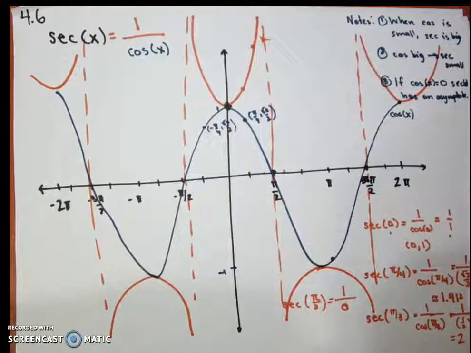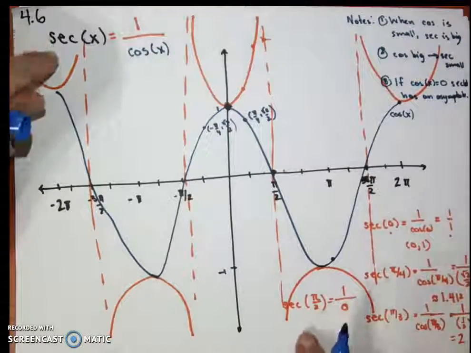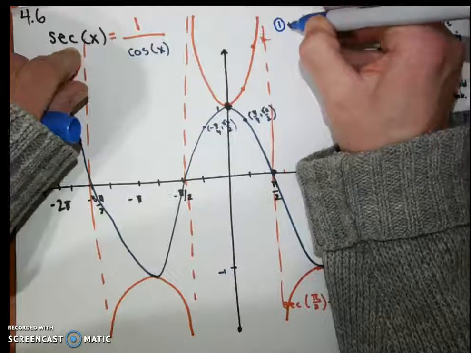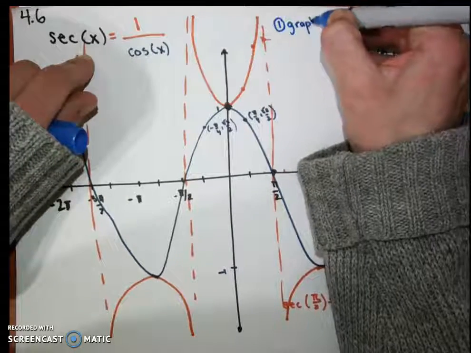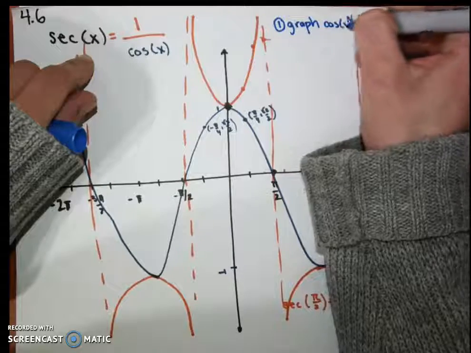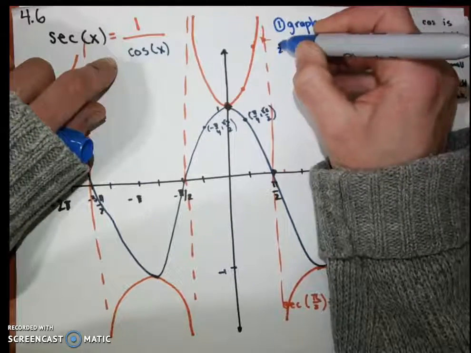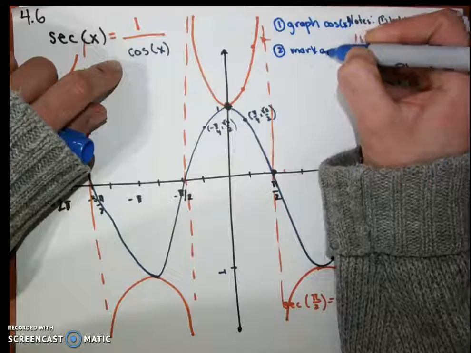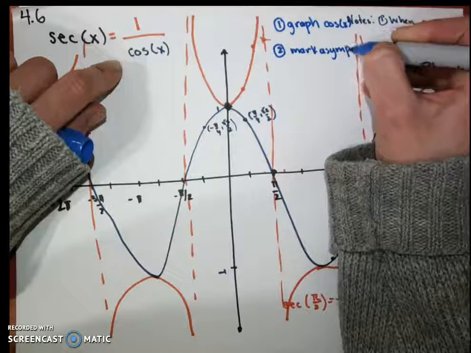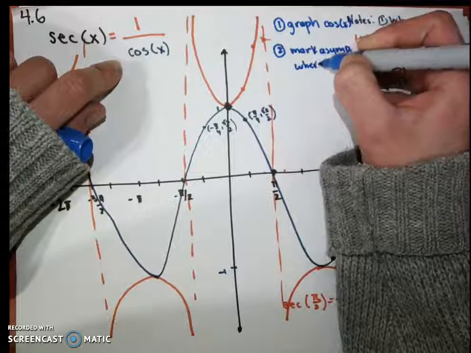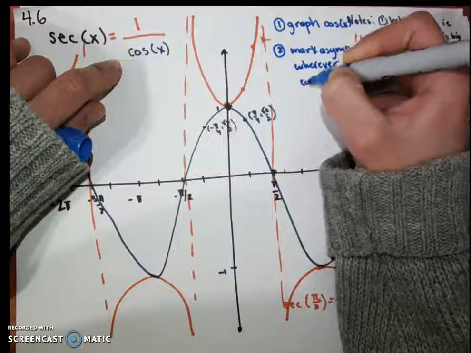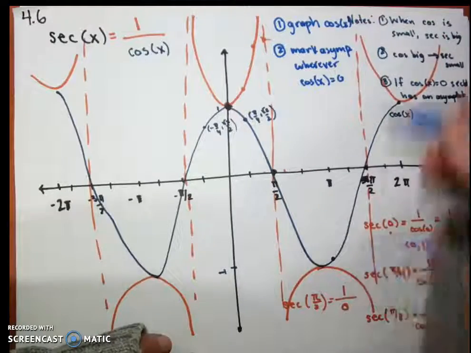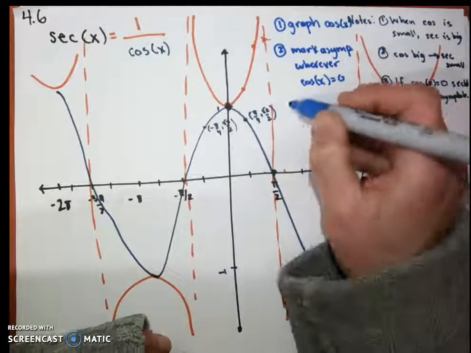So the tricks here are basically, if I want to graph secant of x, my first step is to graph cosine of x. My second step is to mark asymptotes wherever cos of x equals 0. So that means put in these dotted lines at the zeros of cosine of x.